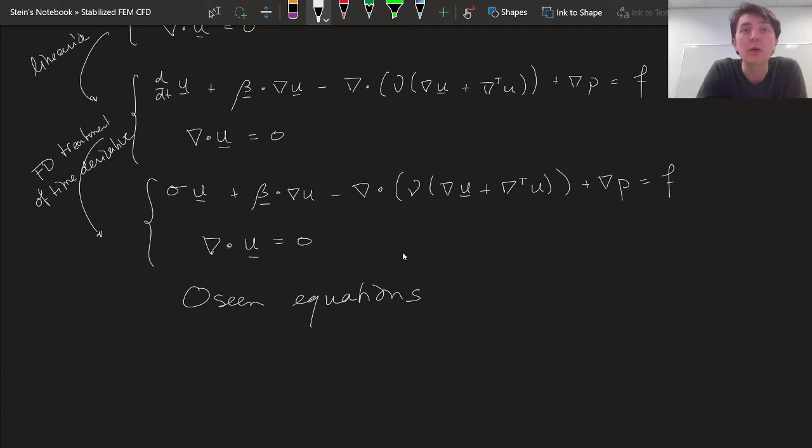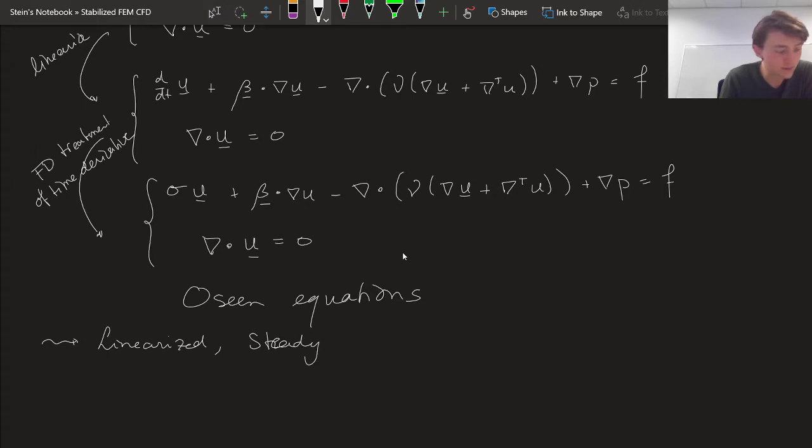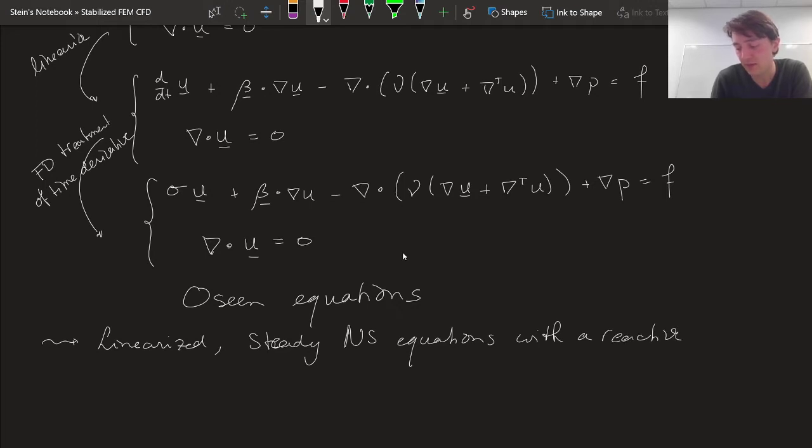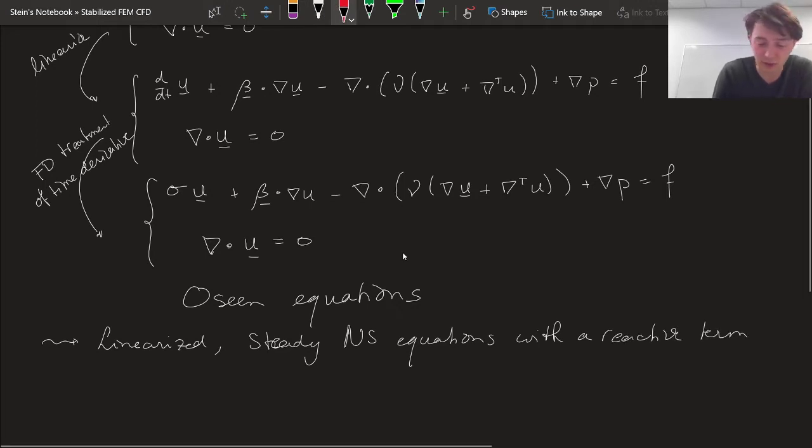So the way that I'm going to interpret the Oseen equations is as linearized steady Navier-Stokes equations with a reactive term. Right? This term is a reactive term.